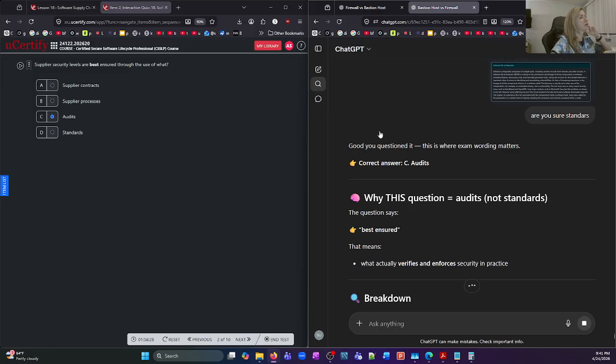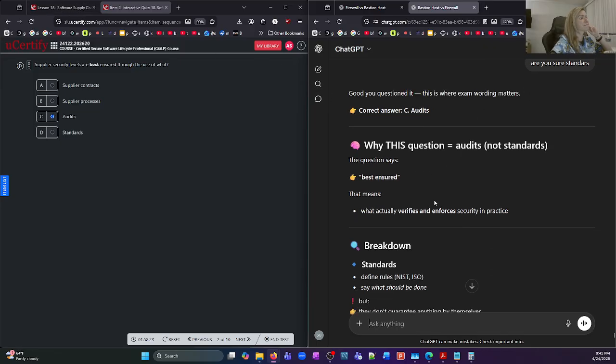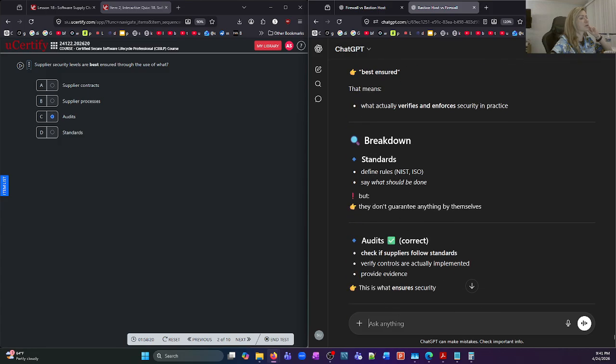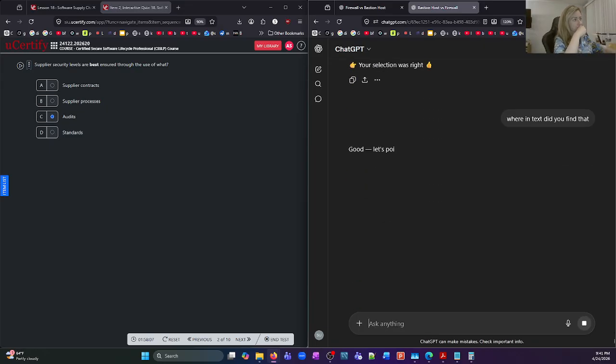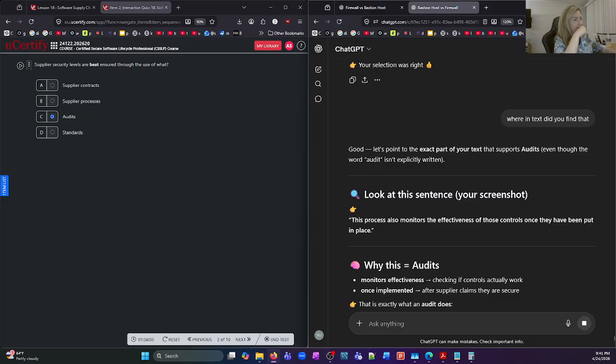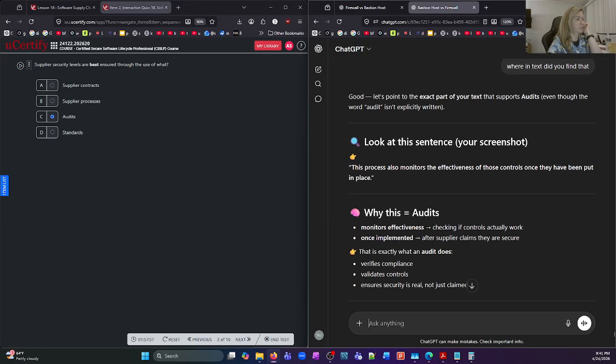Audits. Oh, wow. So I was right. Where in the text did you find that? Look at this sentence. The process also monitors the effectiveness of those controls once they have been put in place. Monitors effectiveness.